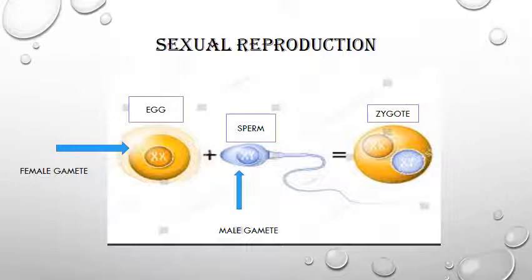That is known as sexual reproduction. And the fusion of the egg with the sperm, or the female special cell with the male special cell, is known as fertilization.